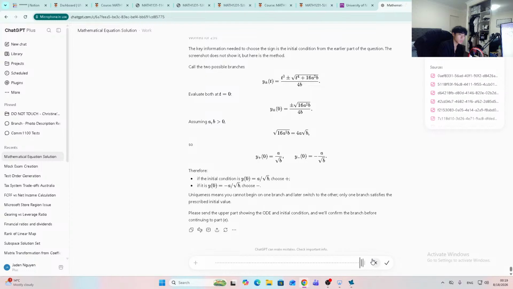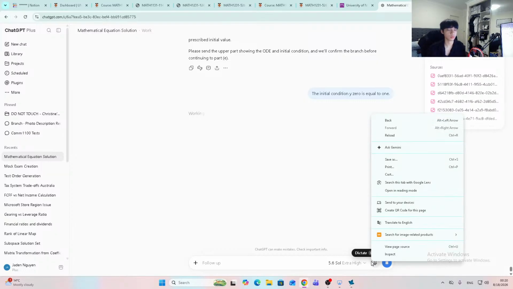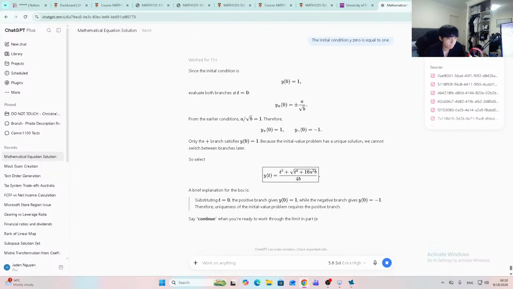The initial condition y0 is equal to 1. Oh, okay.